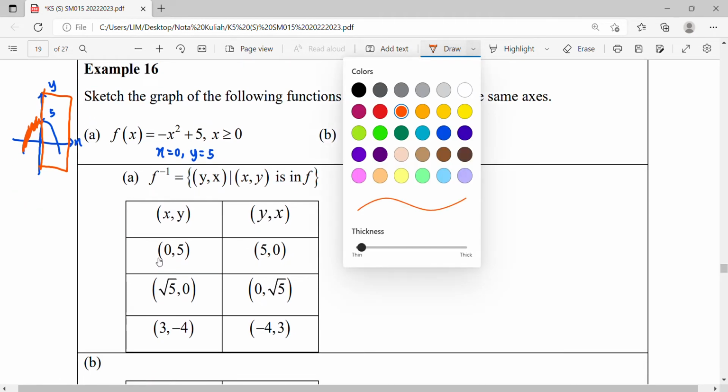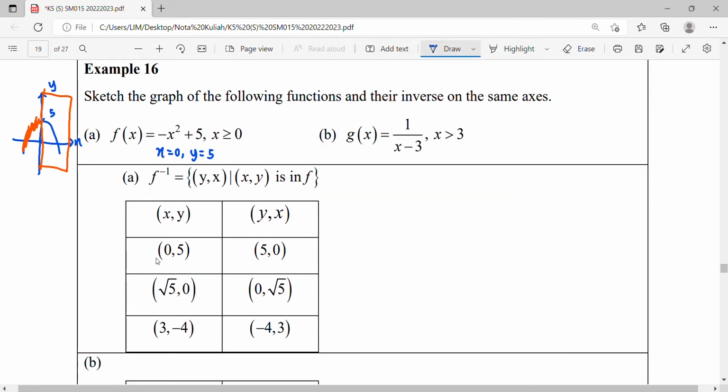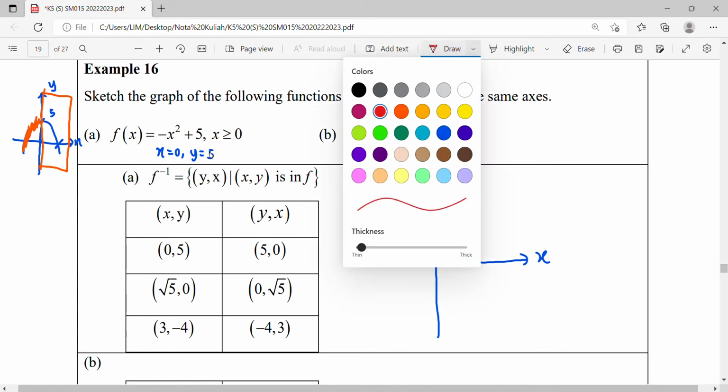So now we draw on our axis. Maximum value is 5. Later on we plot out the roots. In order to get the inverse function graph, we need an axis of reflection.